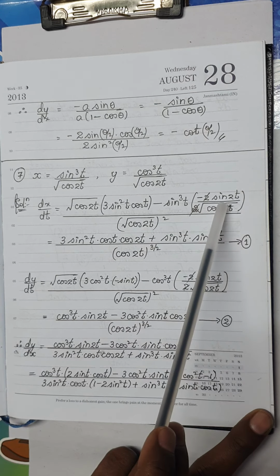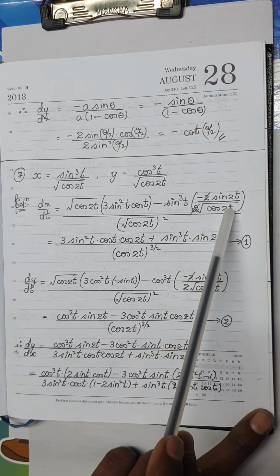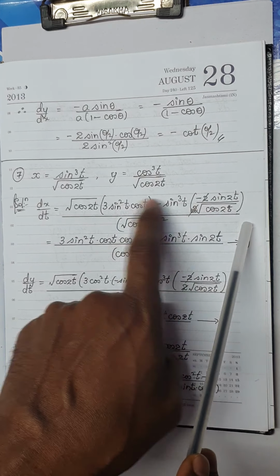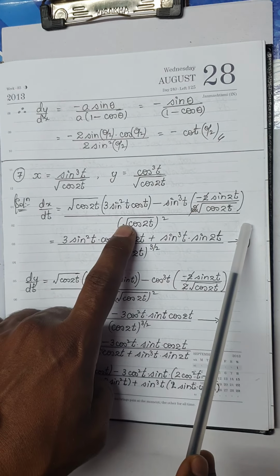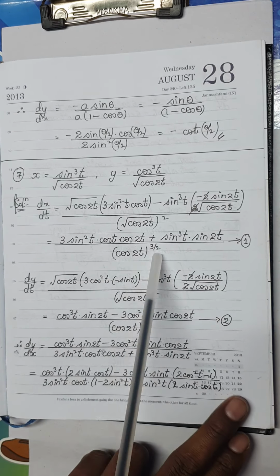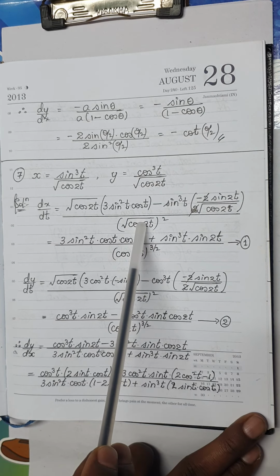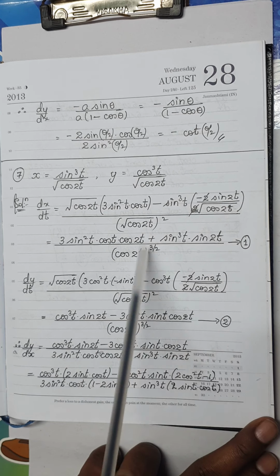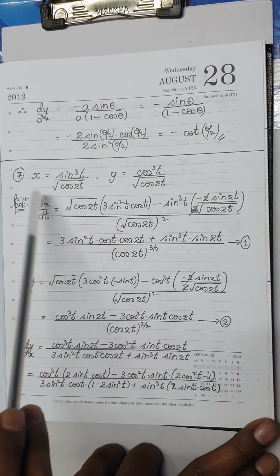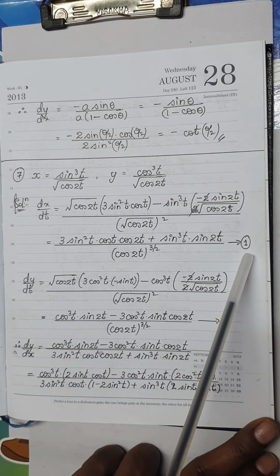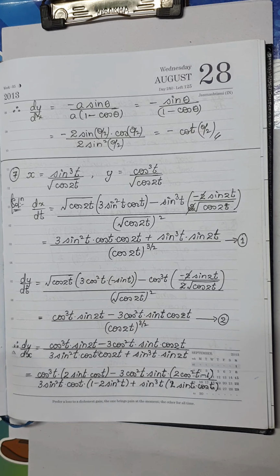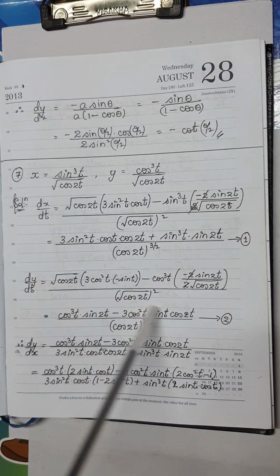Along with it, I will get a root of it, that is a half power. From here I have 1 power and a half power, so it is 3/2. This will give me dx by dt. If you have understood this, similarly we are going to solve dy by dt.